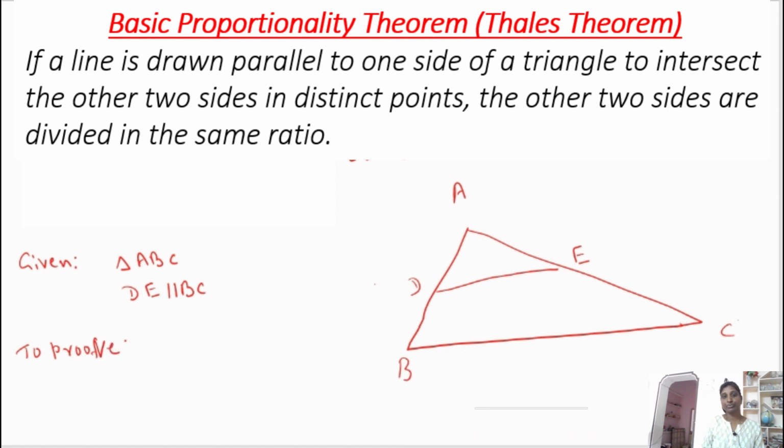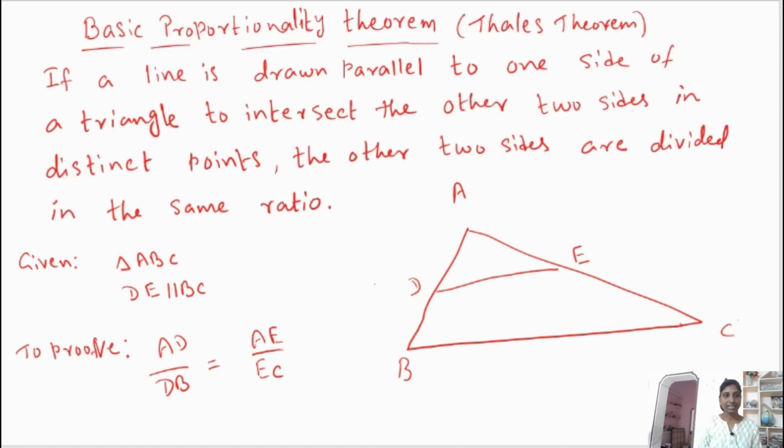To prove. What do we have to prove? We have to prove AD by DB is equal to AE by EC. So let us move to the next slide.